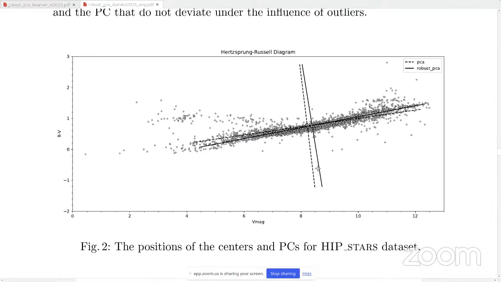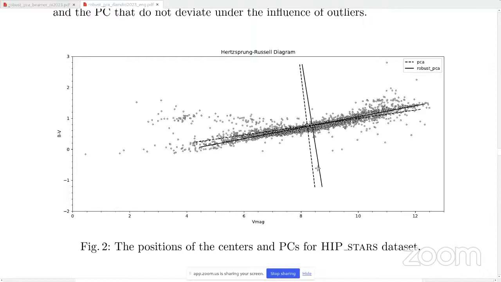Another example is from another diagram for a stars data set. We can see that points are directed around a line, and some points are outside of it.